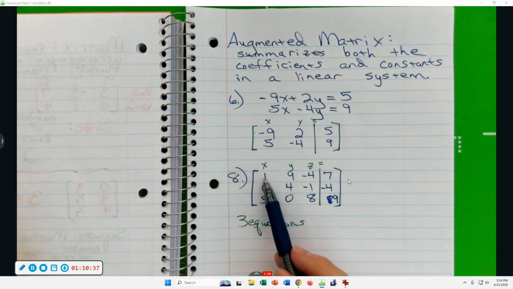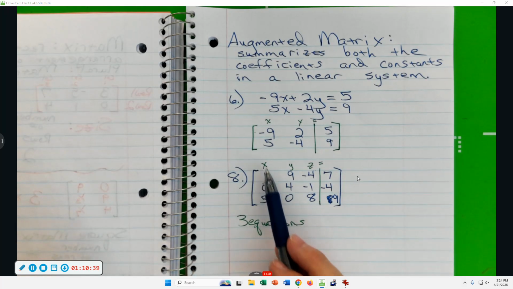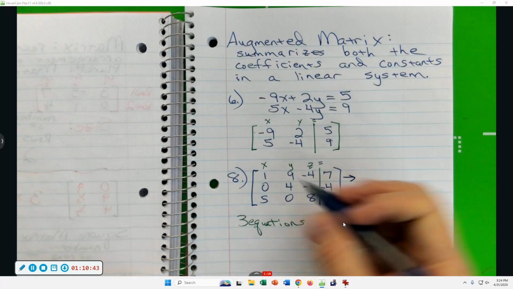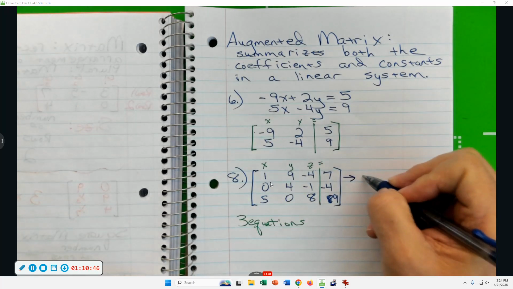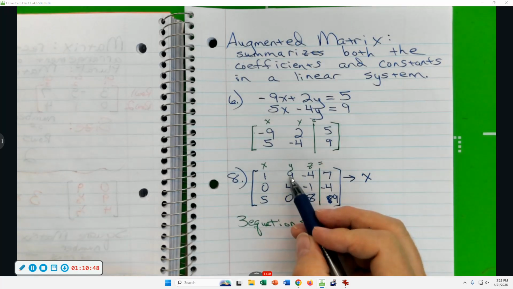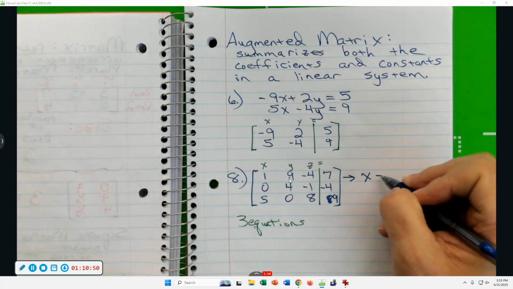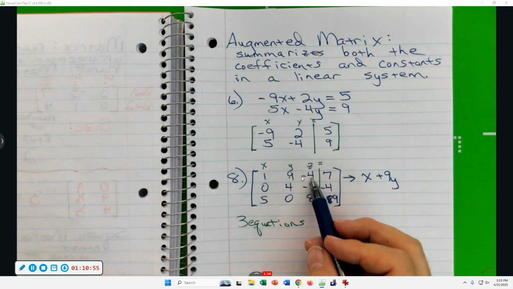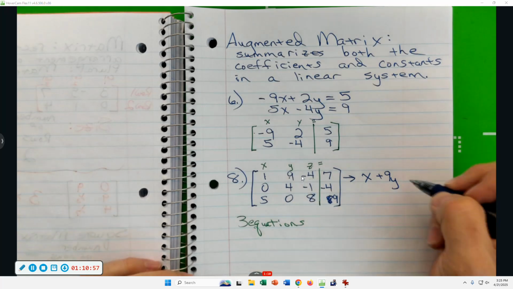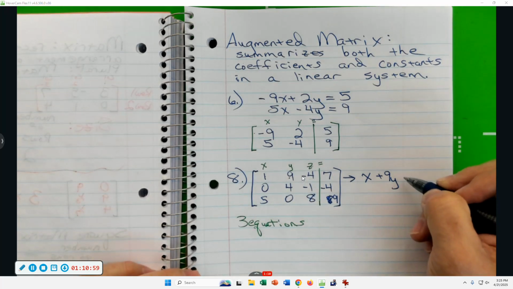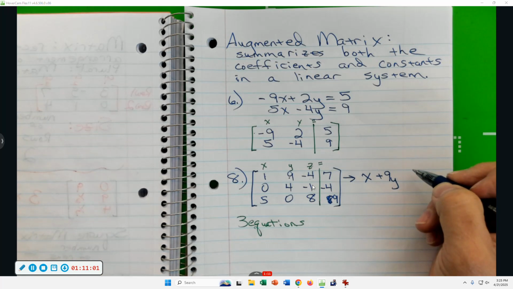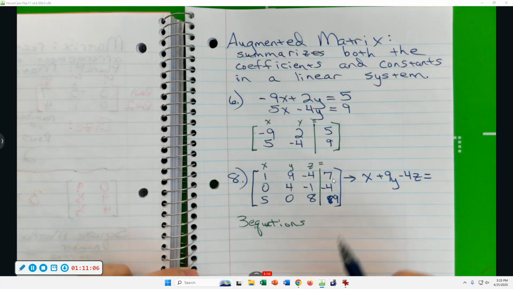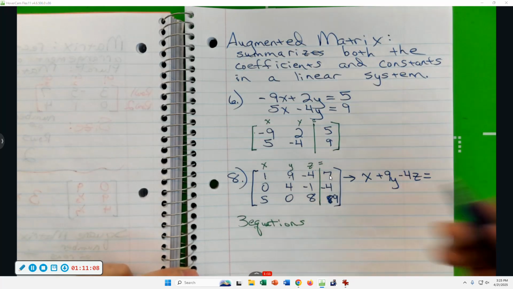Let's see the first row. That says 1x, and that's a positive 9, so that's a plus 9y. What am I going to do with this minus 4? What am I going to write? Minus 4z that equals 7.